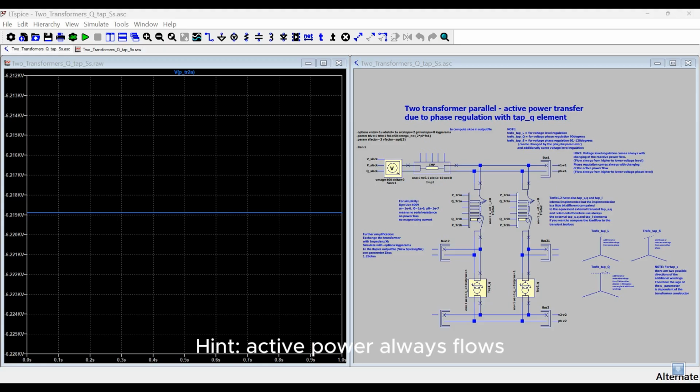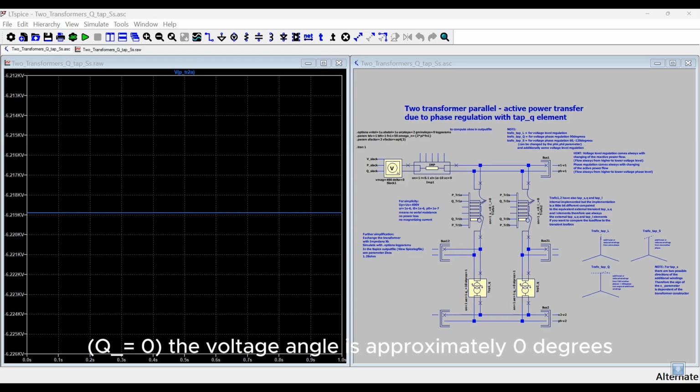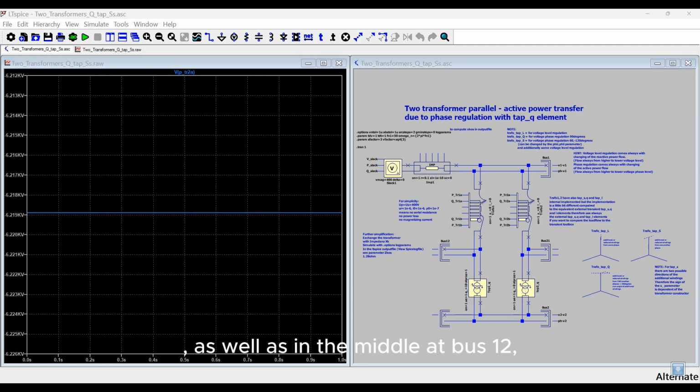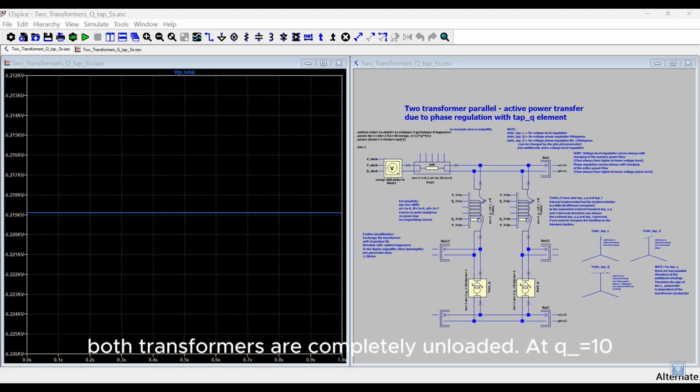Hint: active power always flows from the higher to the lower voltage angle. With transformer control in the neutral position, Q equals 0, the voltage angle is approximately 0 degrees on both the high voltage side and the low voltage side, as well as in the middle at bus 12, and the active power is 0. Both transformers are completely unloaded.